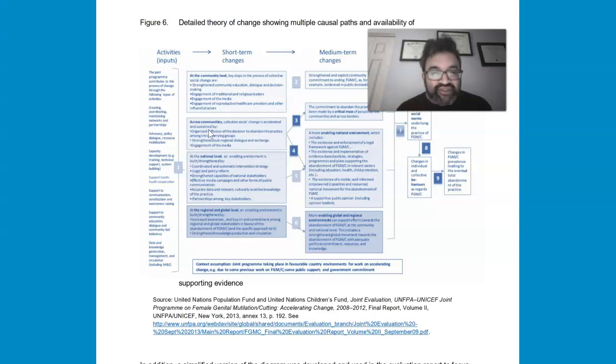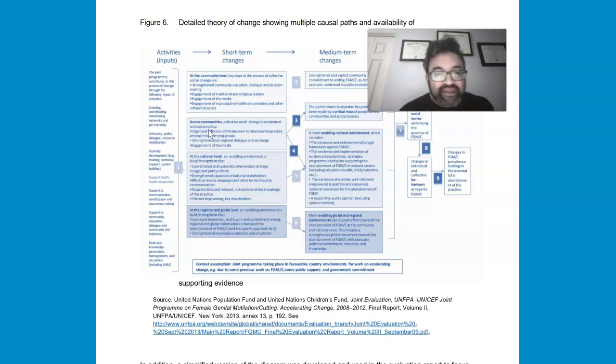So at the short term, you have key steps in the process of collective social change. And that is strengthening community education, dialogue and decision making, engagement of traditional and religious leaders. This is really important. People that still hold on to the practice and the belief system that this is an important part of initiation and the rite of passage.